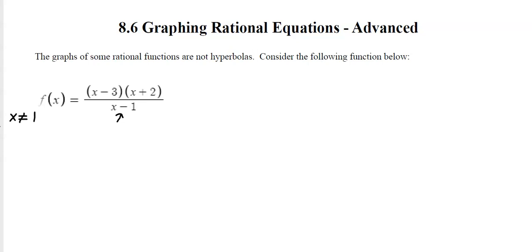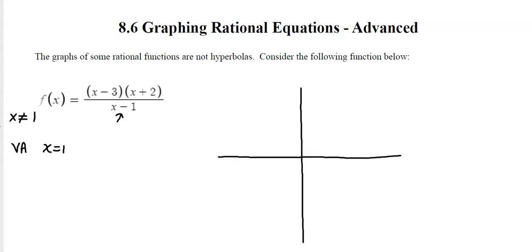So I have a vertical asymptote at x equals 1. If I start to graph this, right here at x equals 1, we are going to have this vertical asymptote.